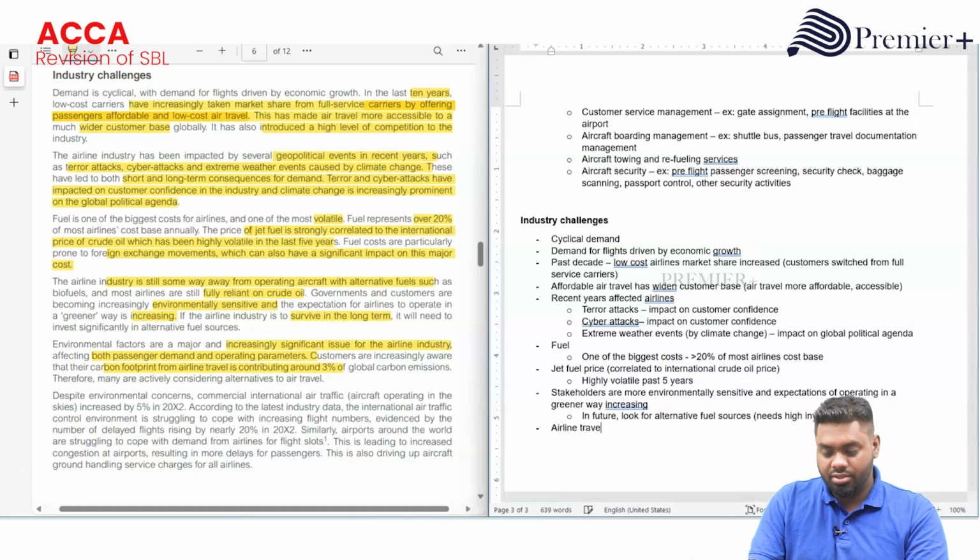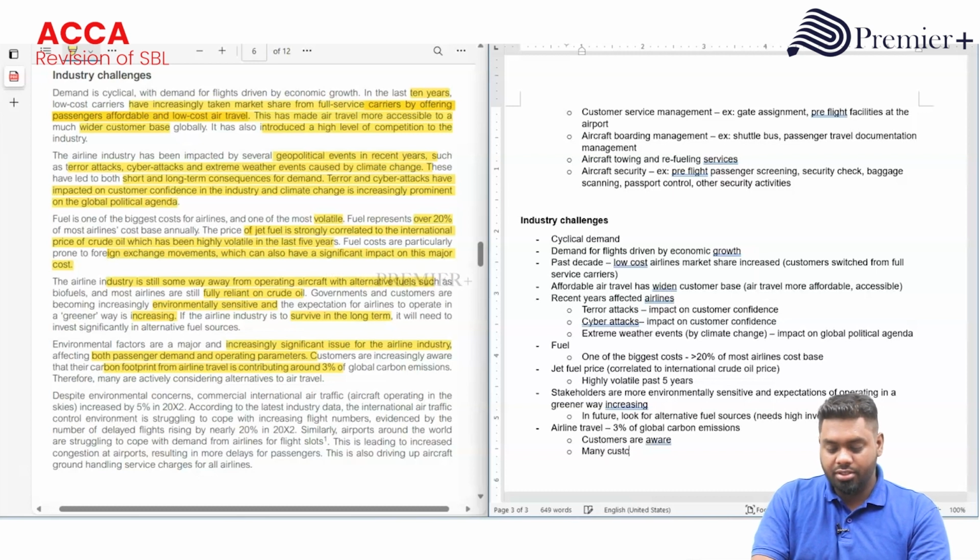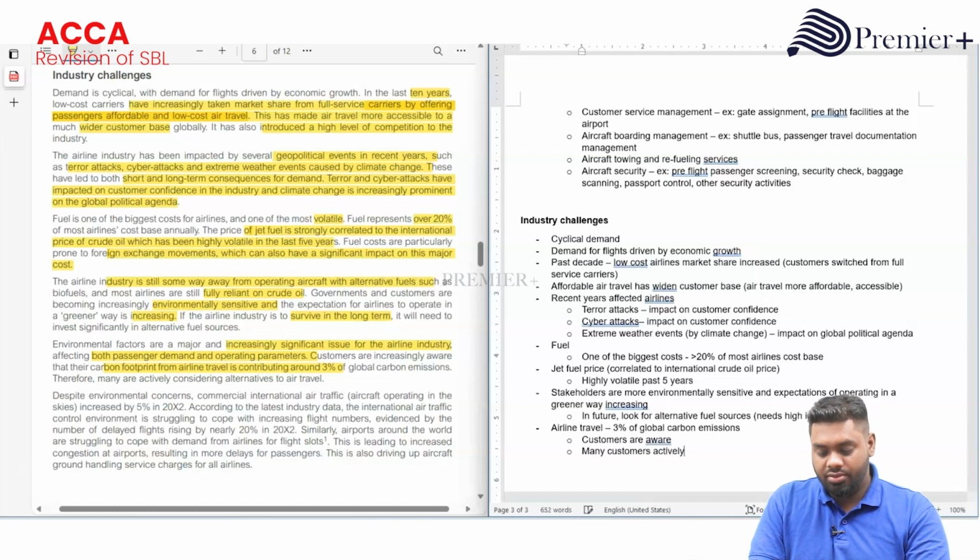Airline travel, 3% of global carbon emissions, and customers are aware. And many customers are actively looking for alternatives to air travel.